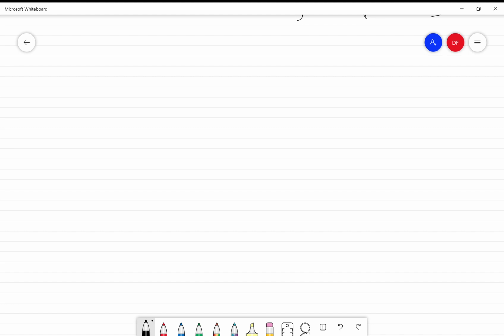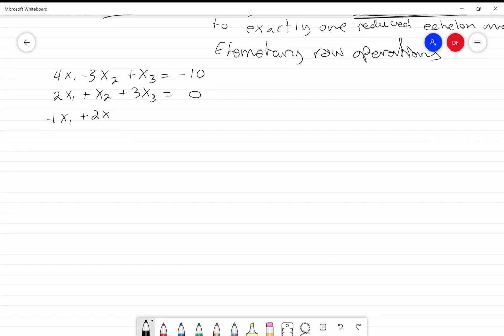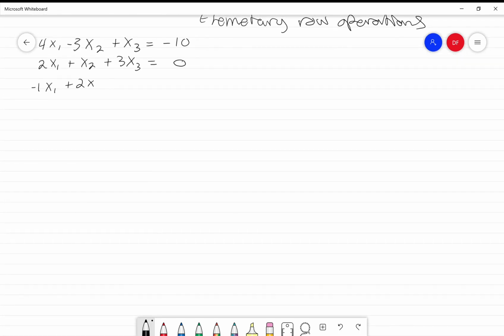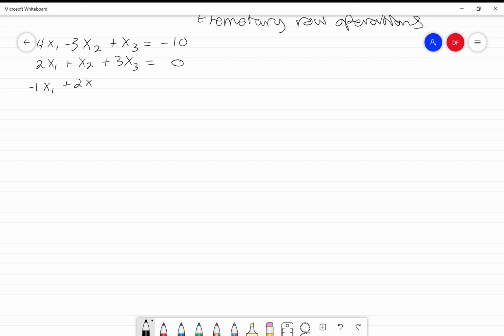Let's say I had the following. If I had 4x1 minus 3x2 plus x3 equals negative 10, 2x1 plus x2 plus 3x3 equals 0, and negative 1x1 plus 2x2 minus 5x3 equals 17.